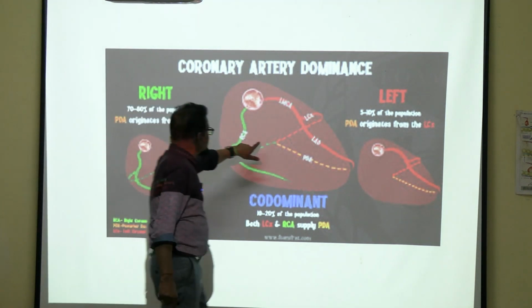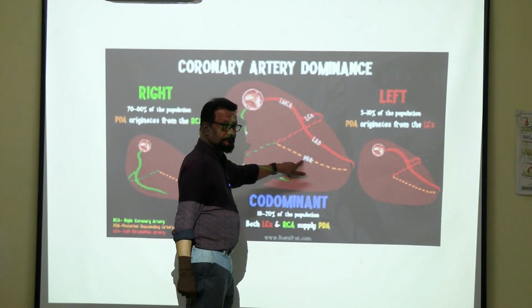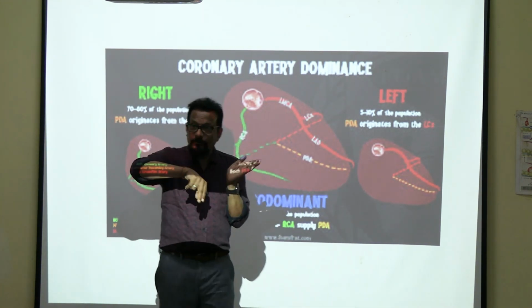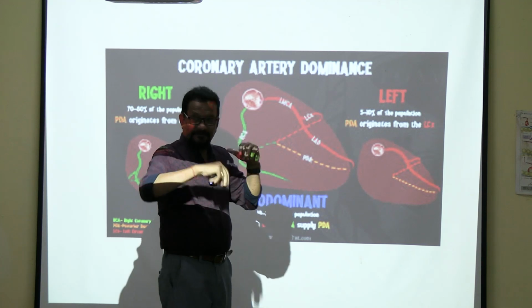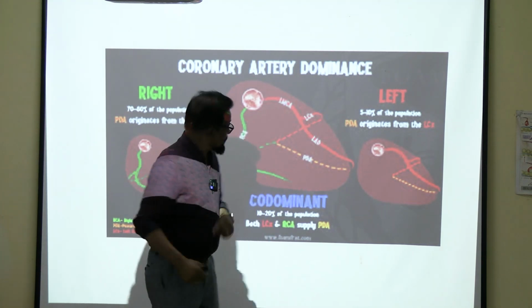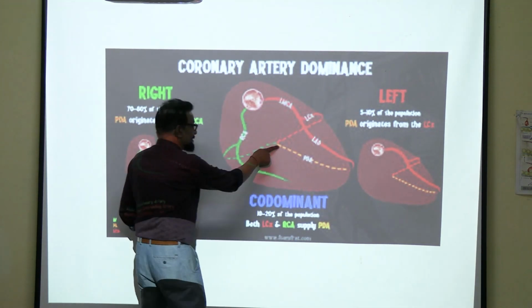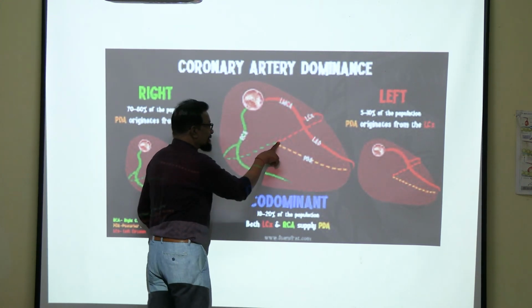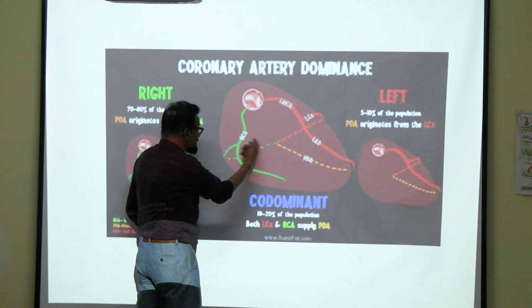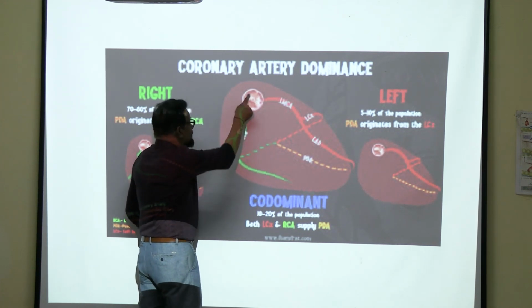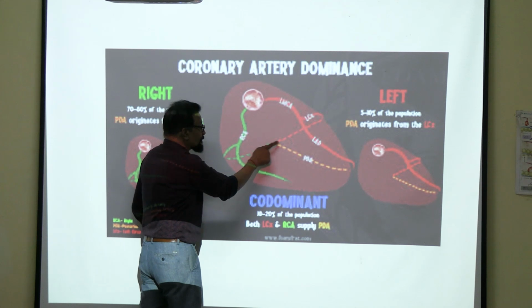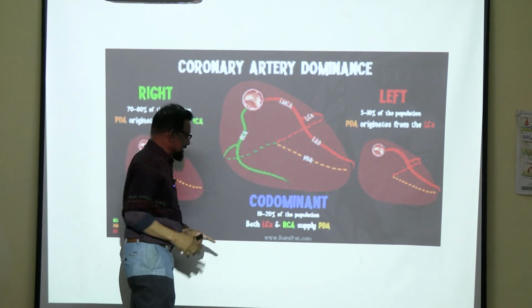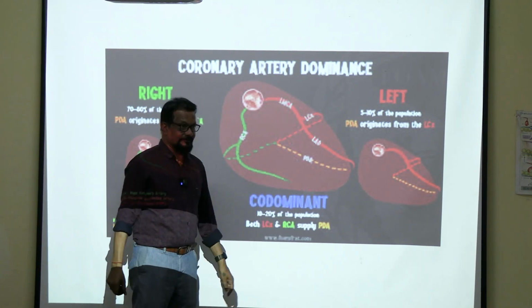This is the PDA, the posterior descending artery, running posteriorly through the interventricular sulcus. Who is supplying this artery? Whether this is from the left circumflex, or this is from the right. If it is supplied by both, then it is called co-dominant.